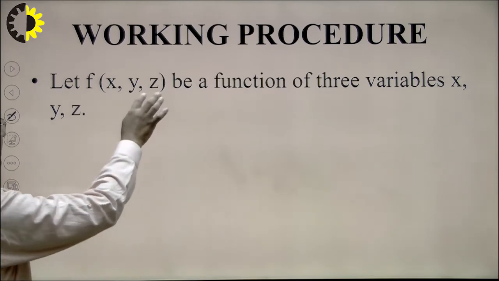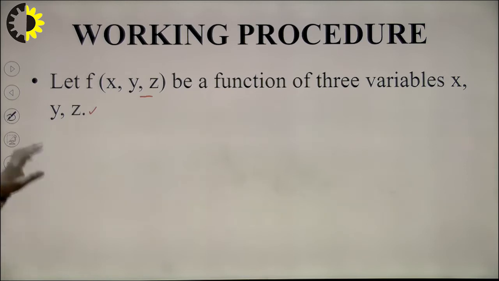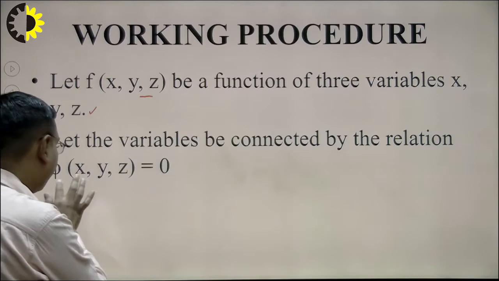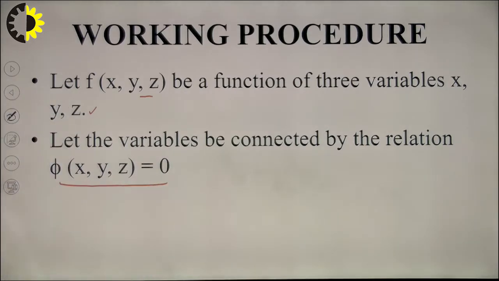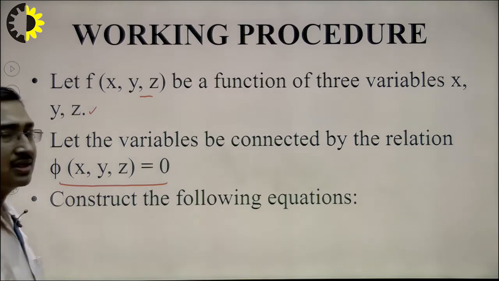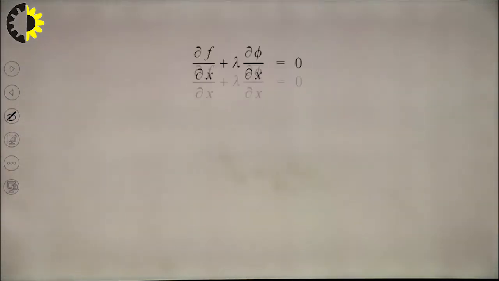Let f(x,y,z) be a function of three variables x, y and z. Let the variables be connected by the relation phi(x,y,z) equal to 0. f is the given function and the variables x, y and z are connected through this relation. What we will do is construct the following equations, which I shall show in the next slide, and those equations will be called Lagrange equations.